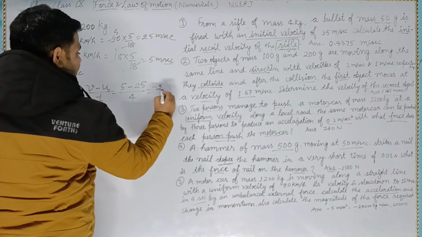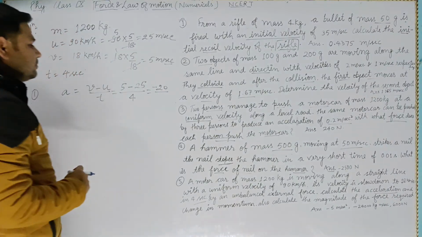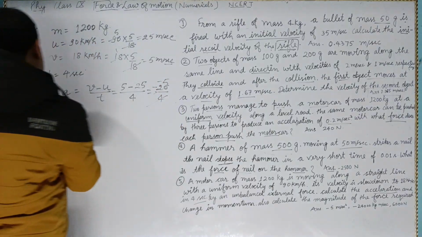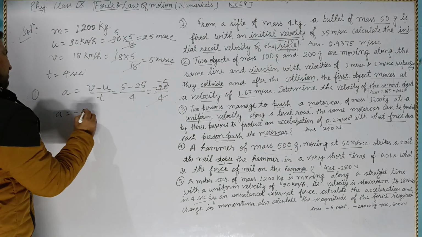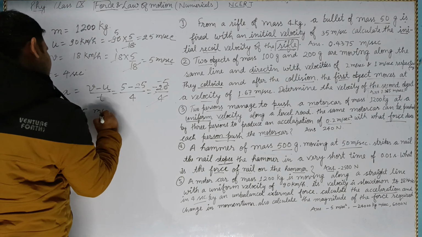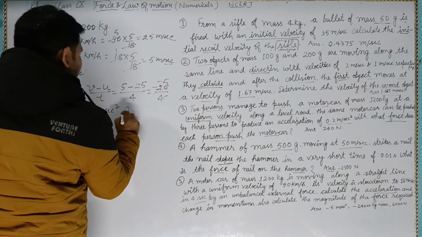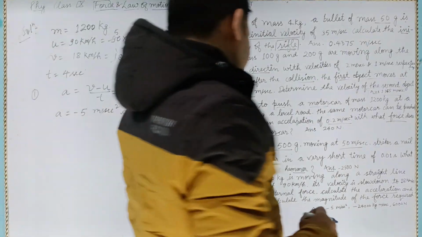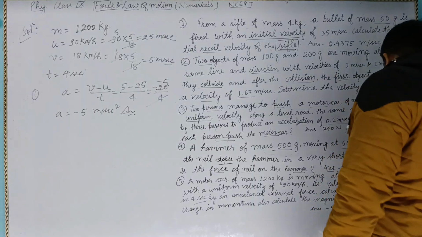So it is minus 20 upon 4. Acceleration is equal to minus 5 meter per second square. It is the first solution of this question.